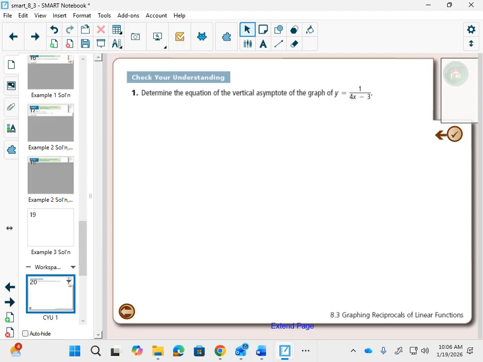Okay? So I'm going to add the graph to this example one. Determine the equation of the vertical asymptote.